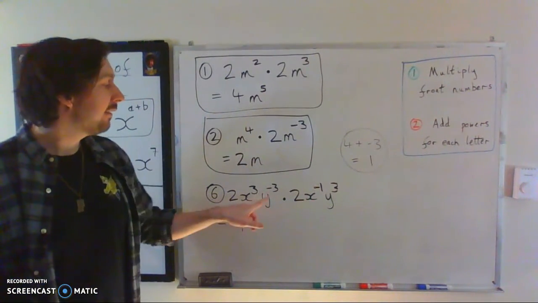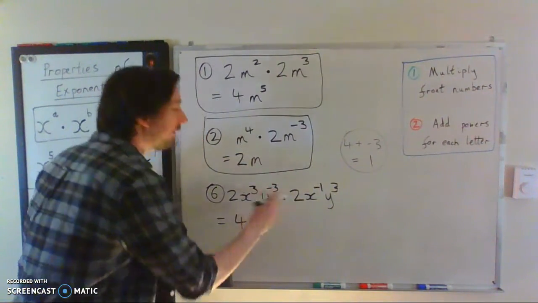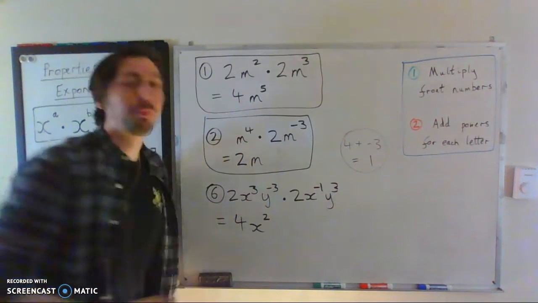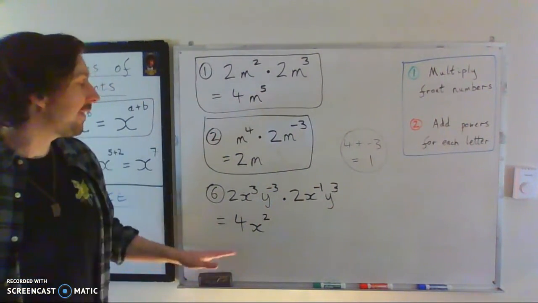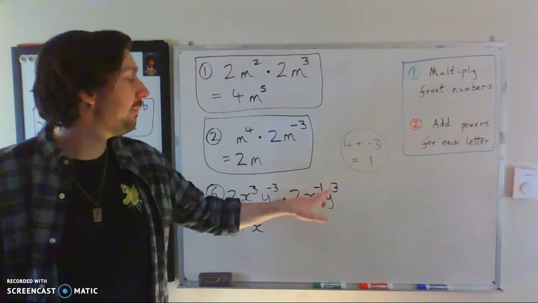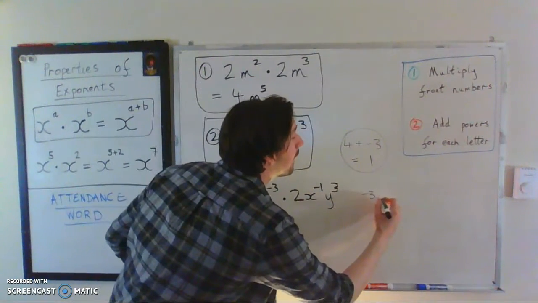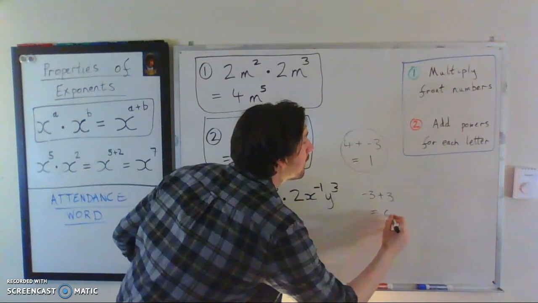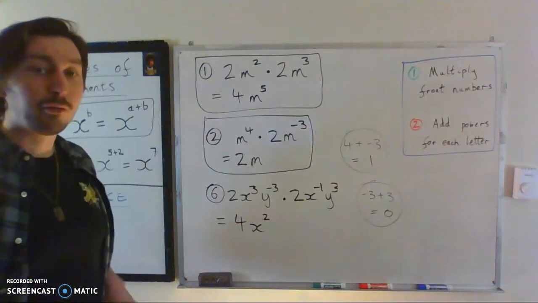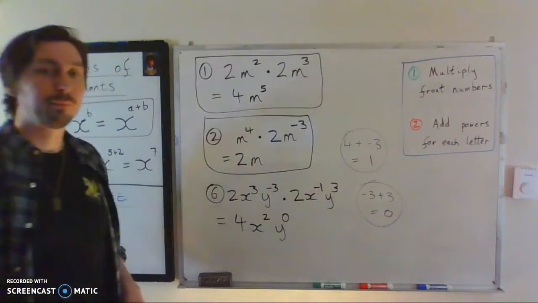So x^3 times x^(-1). Well, 3 take away 1 is positive 2. And then finally, y^(-3) times y^3. So negative 3 plus 3 is 0. So my answer is essentially y^0.